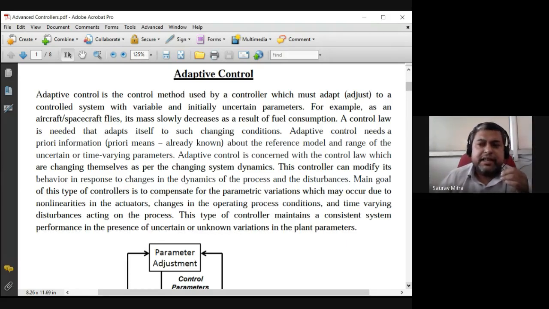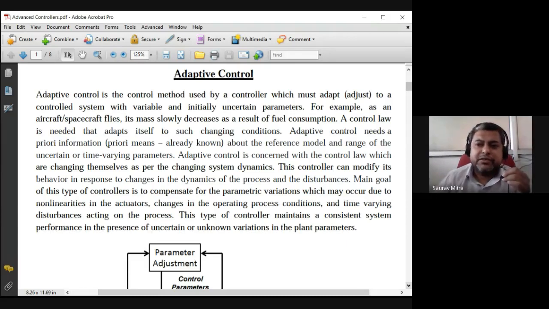For every case, you should be able to adapt to the bad situation as well as take advantage of the good situation. So adaptive control is something where you don't know what is coming next, and whatever comes next, the vehicle has to adapt or adjust to those changes as soon as possible without losing system stability. This is the main agenda behind adaptive control.